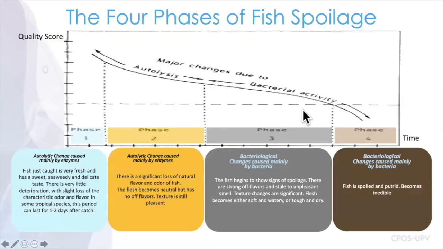Okay, so this slide shows the 4 phases of fish spoilage. So if you are familiar with sensory evaluation, if we are doing face-to-face in the lab, we will give you samples of food products or fishery products, and then we will give you a sensory scorecard. In that scorecard, as you taste or test the product, you will rate the product according to its sensory score.